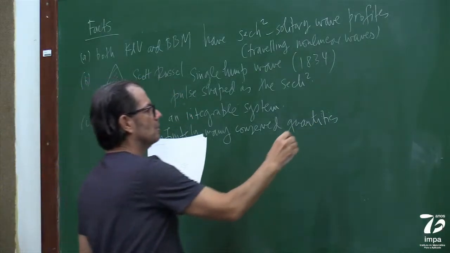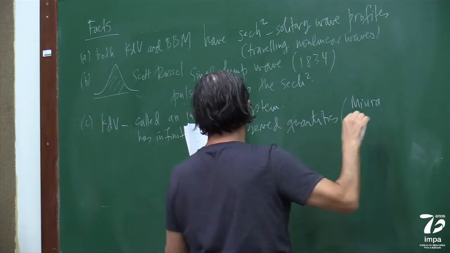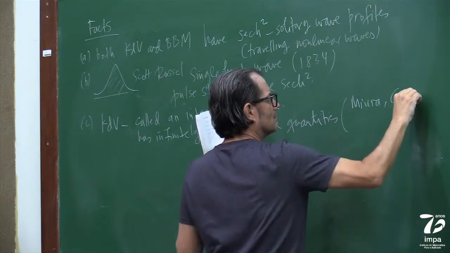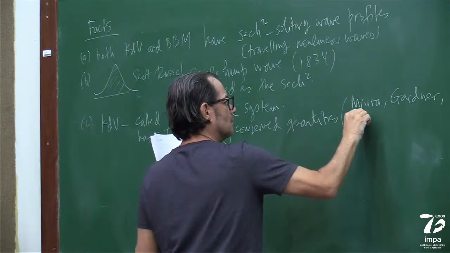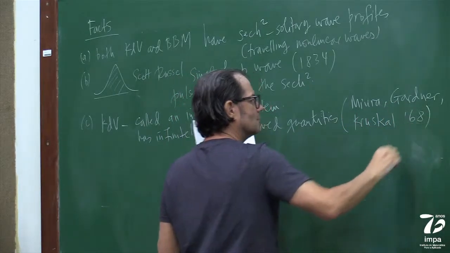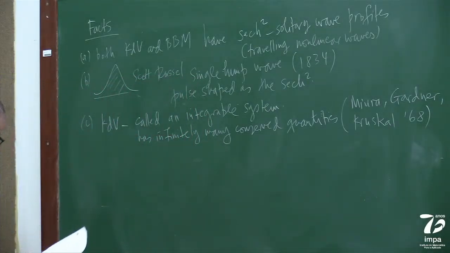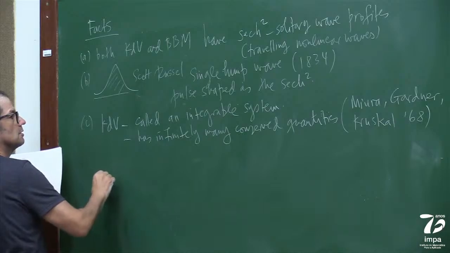So one paper as a reference for those interested is Miura, Gardner, and Kruskal, 1968. So in the 60s, many things were discovered and shown for the KdV. Okay, this is just one of the things.